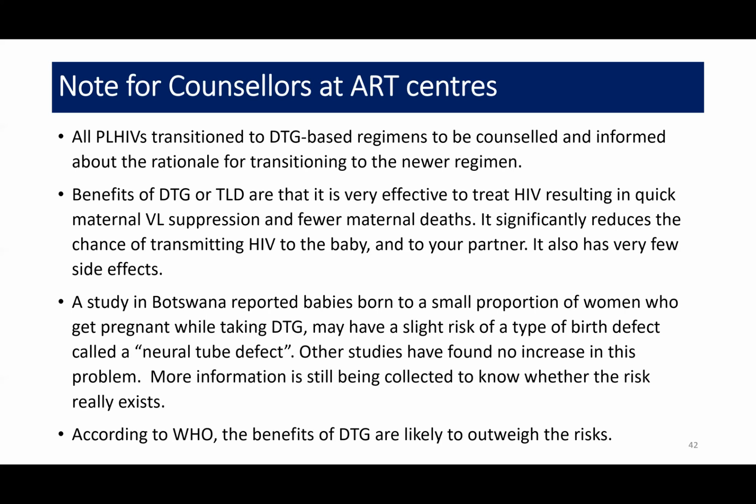And for women who are of pregnancy potential, the risk of neural tube defect needs to be explained in a language which they can understand. And it also needs to be explained how the benefits of DTG actually outweigh the risk of DTG, which was mentioned before.